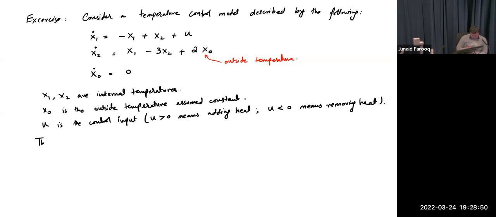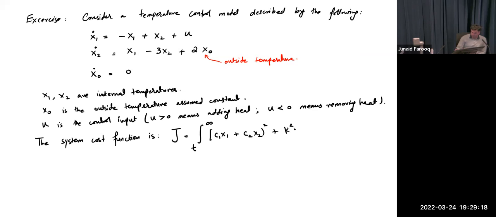The cost function can be written as J equals the integral from t to infinity of (c1 x1 plus c2 x2) whole squared plus k squared u squared d tau.